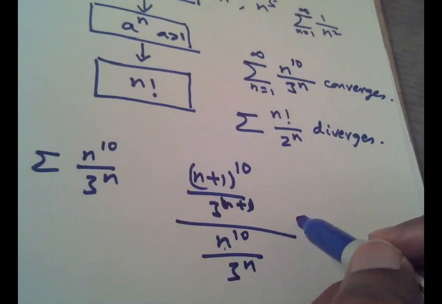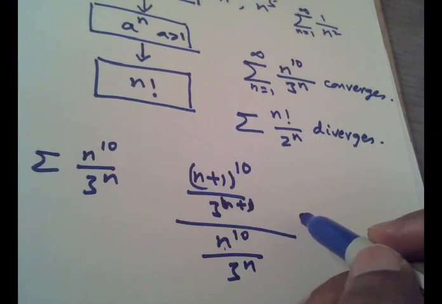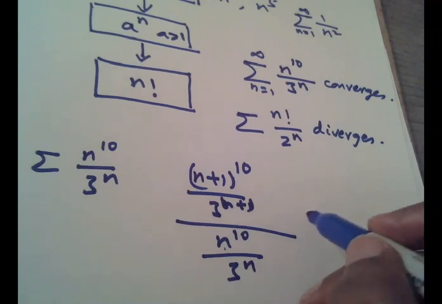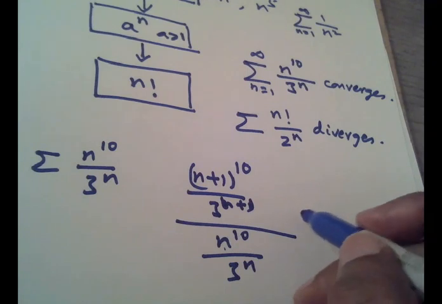If this ratio is greater than 1, then the series is going to diverge. If it is less than 1, it converges. And if it's equal to 1, it's not conclusive.